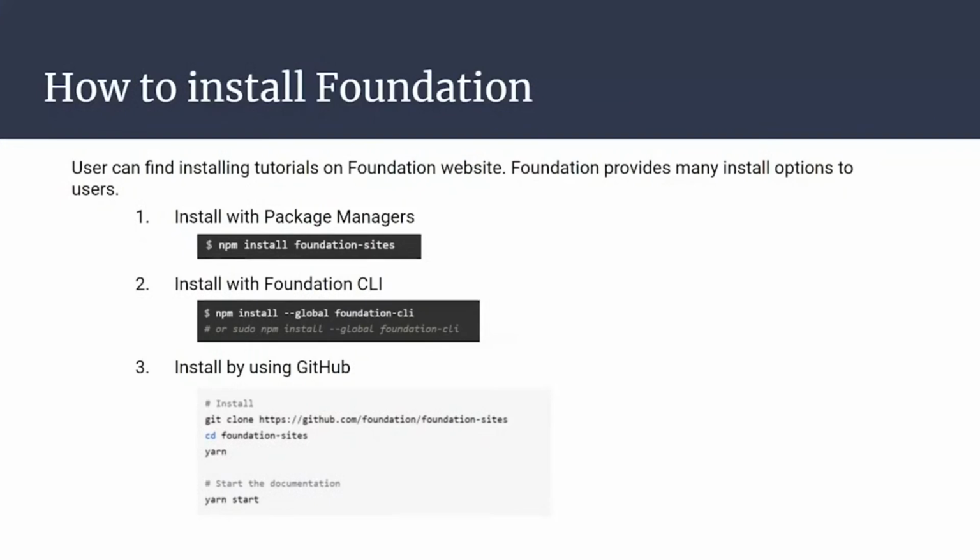For example, users can run the following code to install Foundation using npm. The second choice is to install with Foundation CLI, which is a version without GUIs. And finally, users can also use Git to clone Foundation's repository on GitHub to get the documentation.